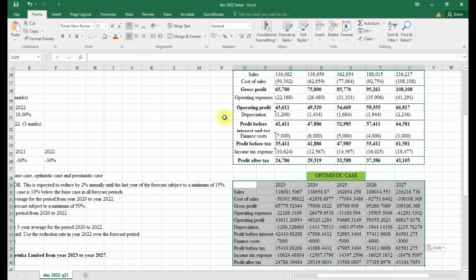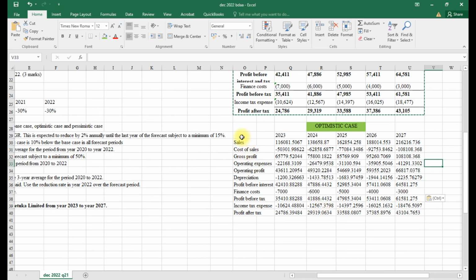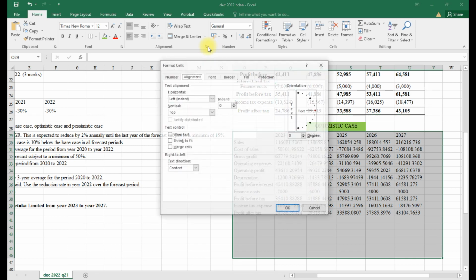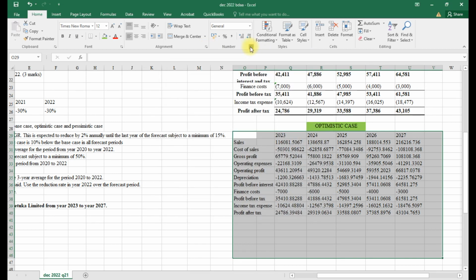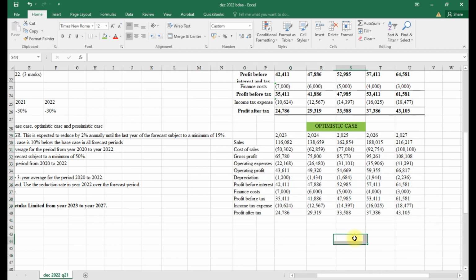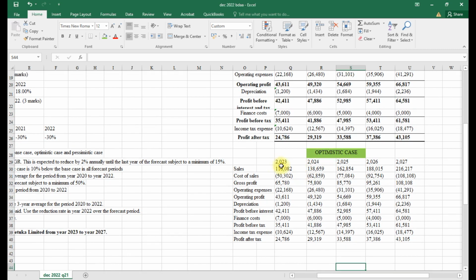Under the optimistic, we will format this area. Let me format these, especially for the negative. I use bracket there. Okay, so those are our values. So for the year, we don't have 1,000 separator for the year.